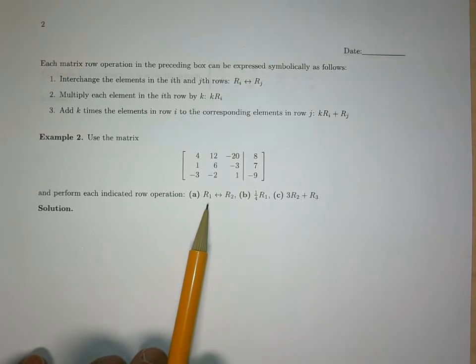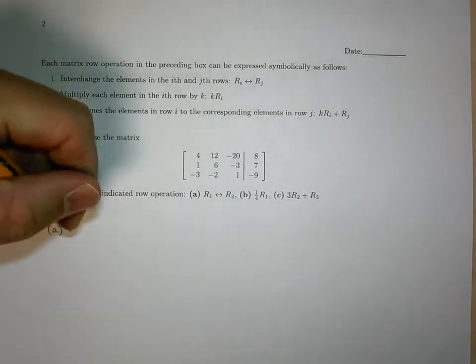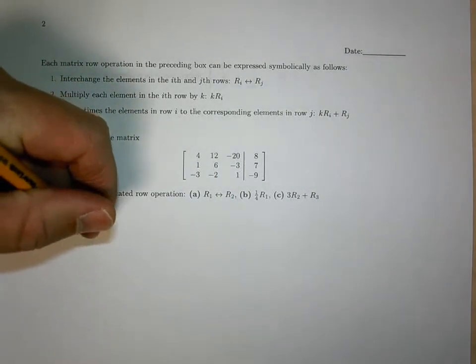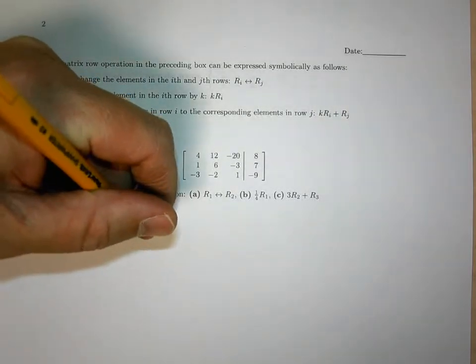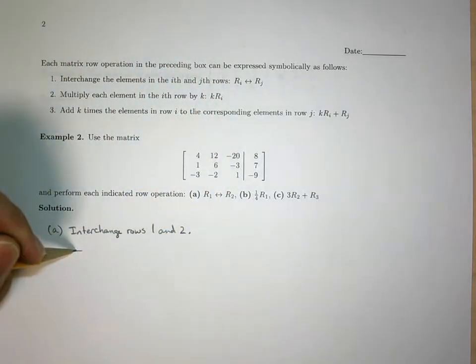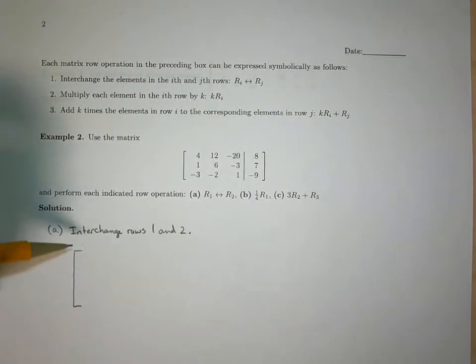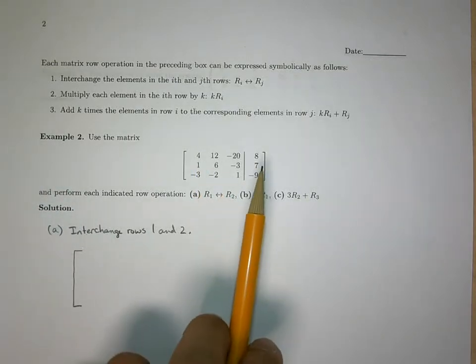So in part A, this means interchange rows 1 and 2. So I'm going to interchange rows 1 and 2. We see 4, 12, negative 20, and 8 is the first row.